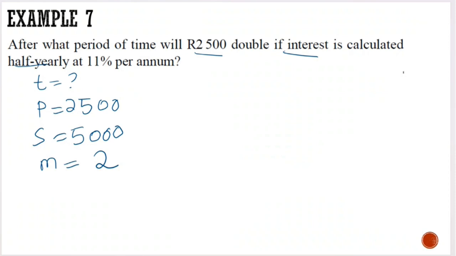You've got the first group, and then you start again from June to December. So you've got two groups half yearly. That's why you've got m is 2. So your interest is compounding twice, and your i is equal to 0,11.